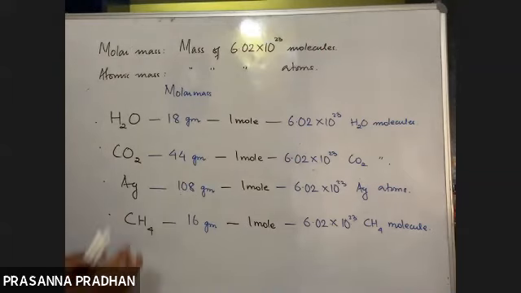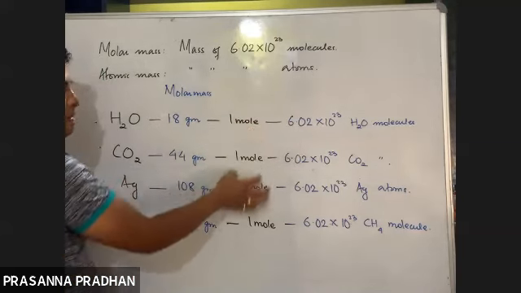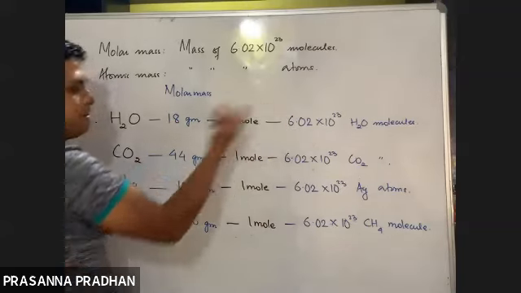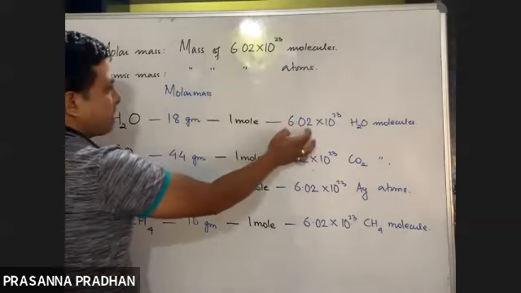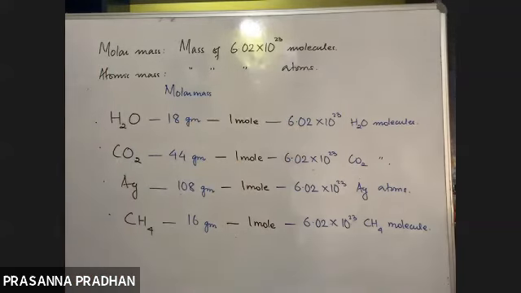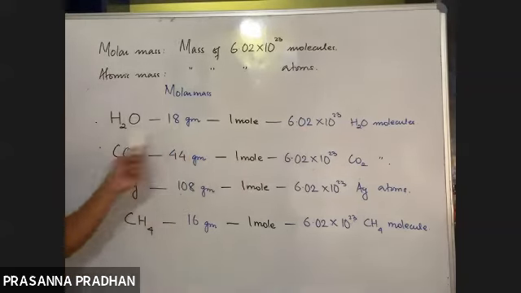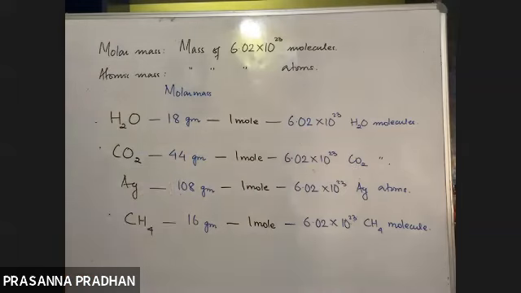So we have to relate in this way. Both of these signify the same quantity, mole. So 18 gram means 1 mole, and 1 mole contains Avogadro number of water molecules. That means 18 gram is the mass of Avogadro number of water molecules. Or Avogadro number of water molecules weighs 18 gram. Avogadro number of carbon dioxide molecules weighs 44 gram.